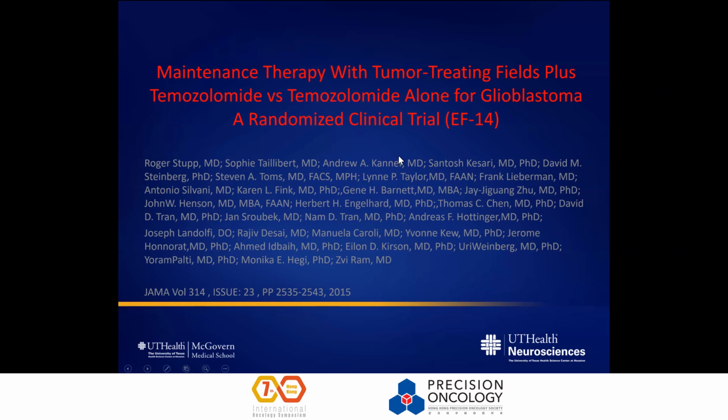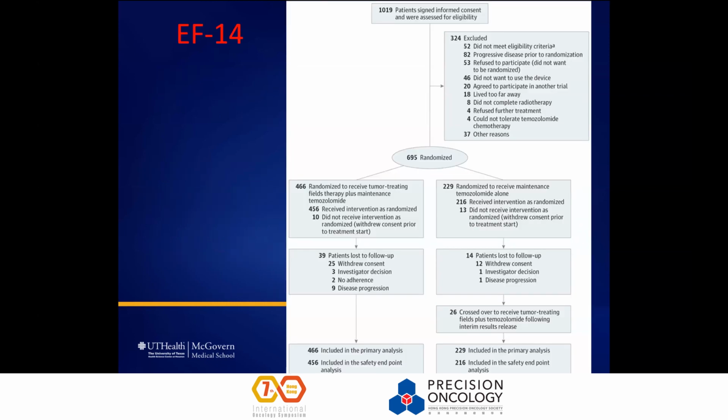This is basically the standard of care of concurrent radiation with temozolomide versus standard of care plus TTF for newly diagnosed GBM. 695 patients were randomized to two groups, in a 1:2 ratio. Our hospital, both at Tufts and subsequently at UT Houston, were participants of this trial.